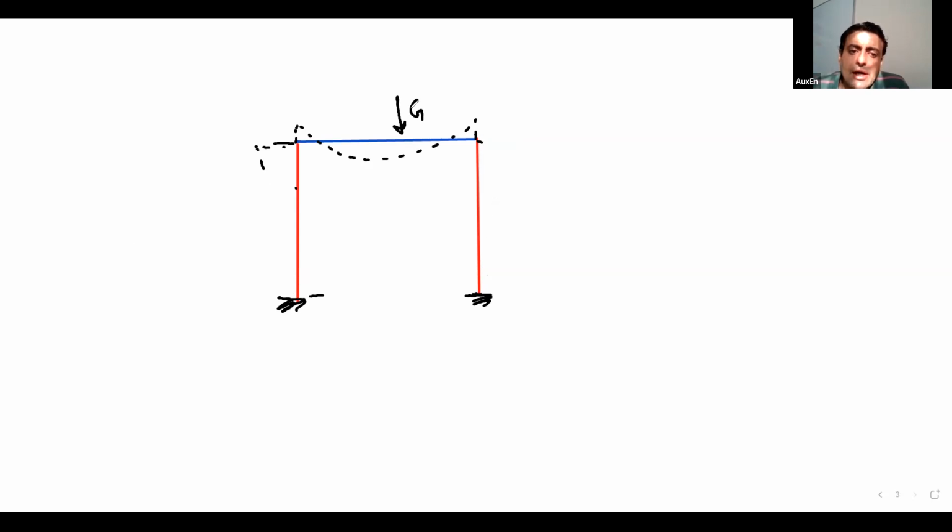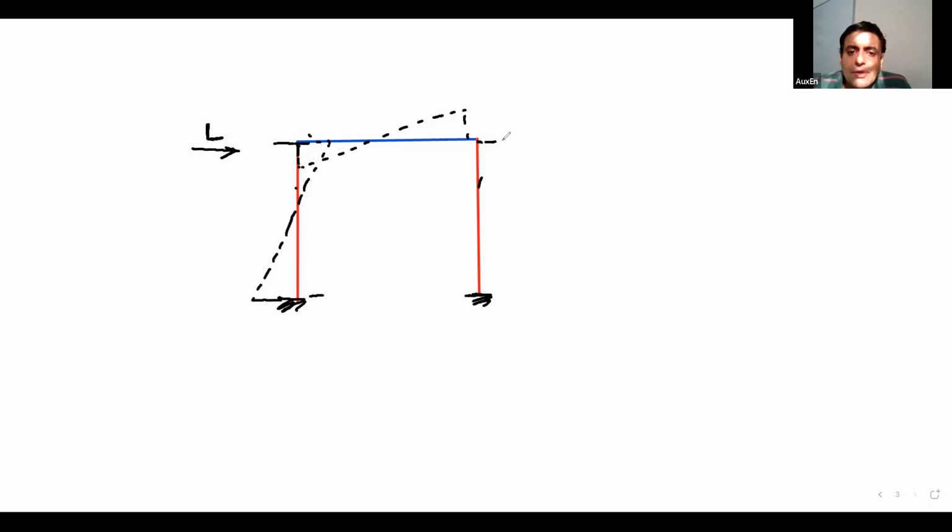Now, how are lateral loads taken by this portal? When my portal frame is subjected to lateral loads, how are they resisted? In case of lateral loads again, the bending moment diagram will be something like this.